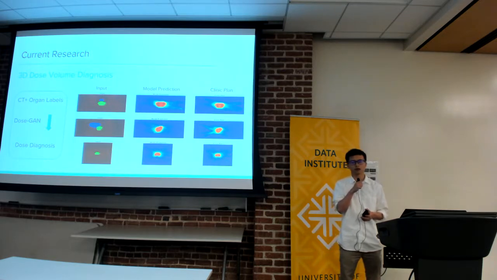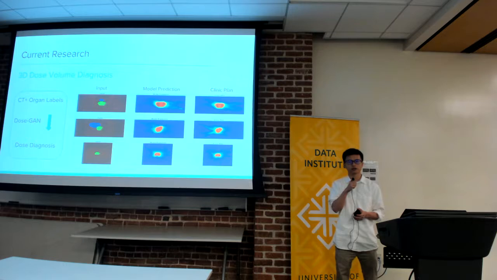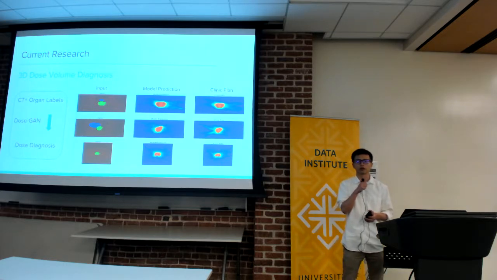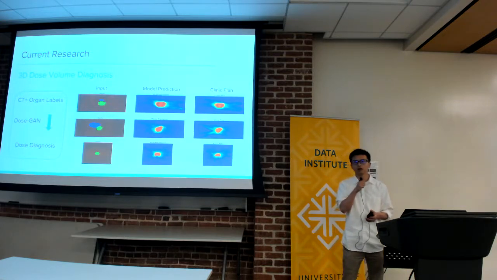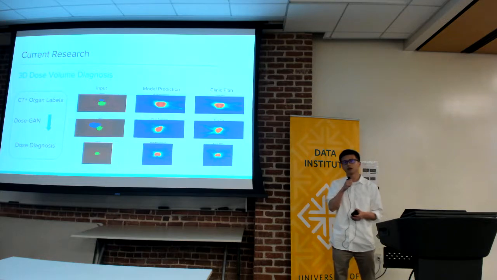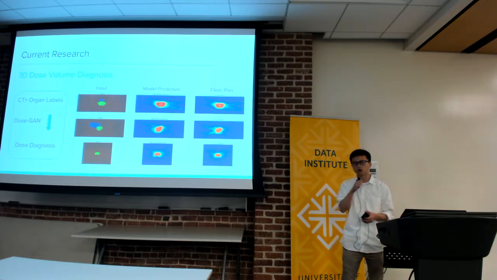So we think an automated treatment planning system has the potential to reduce the work for both the treatment planner and the oncologist. So we developed a planning model called dose-scan, which is based on a conditional generative adversarial network architecture, which can automatically generate the dose volume distribution based on CT images as well as labels of different organs.